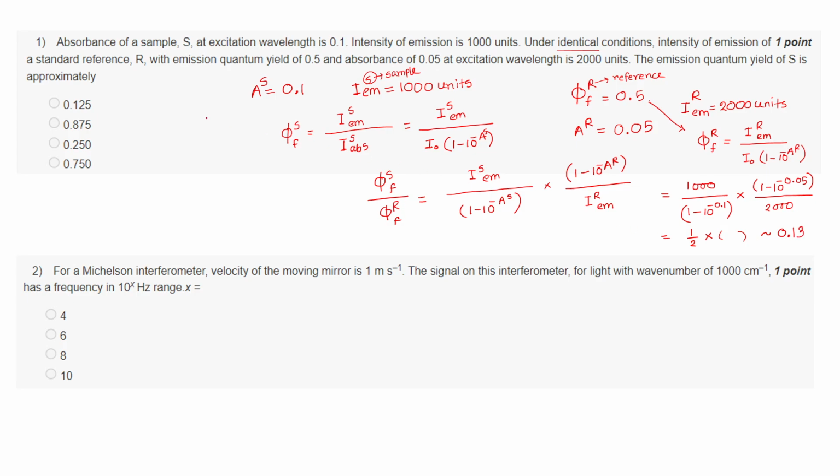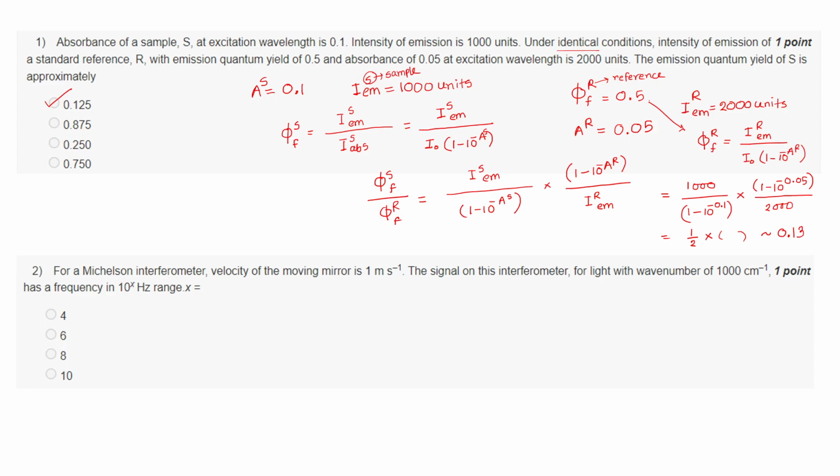Okay, so the first will be the answer, right? Yes. 0.13 and 0.125 are almost the same, right? So this is going to be the correct answer, right? Actually, let me check also.